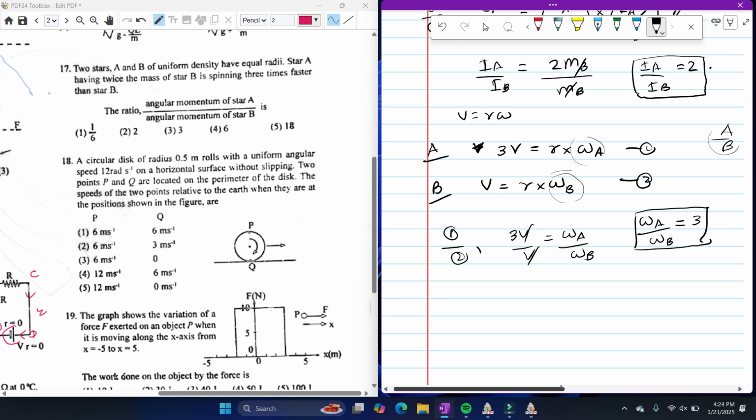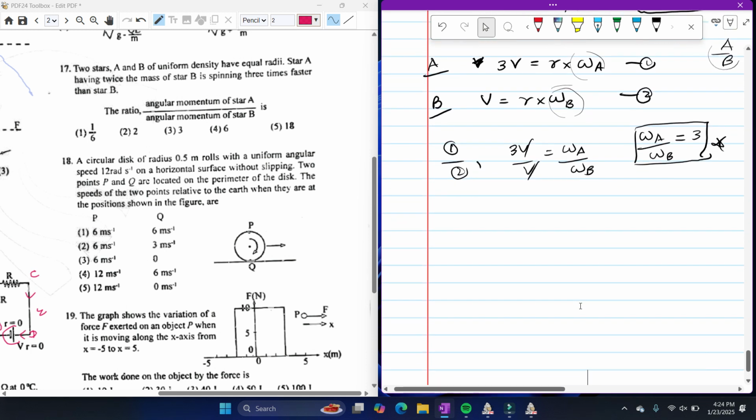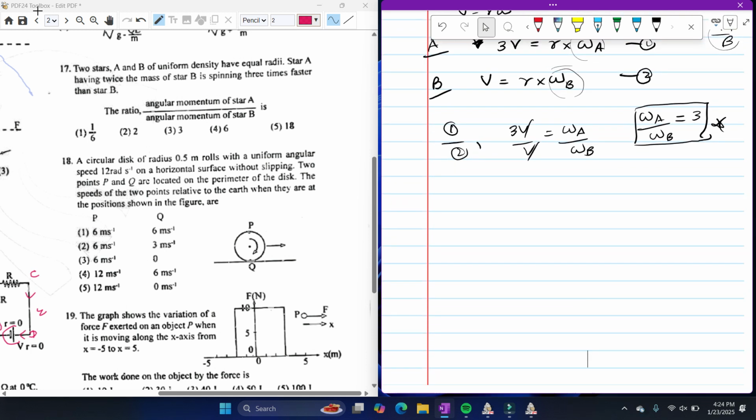Okay, we have two valuable relationships to build up the angular momentum of star a divided by the angular momentum of star b. So next we'll identify what equation we apply here.